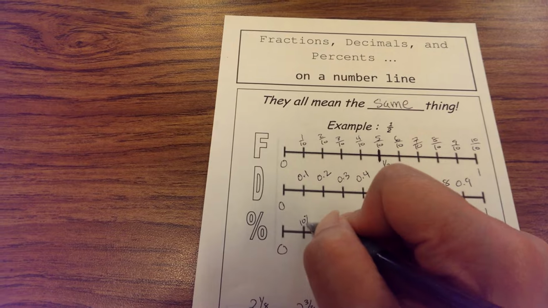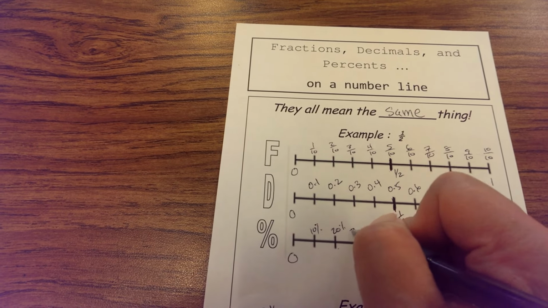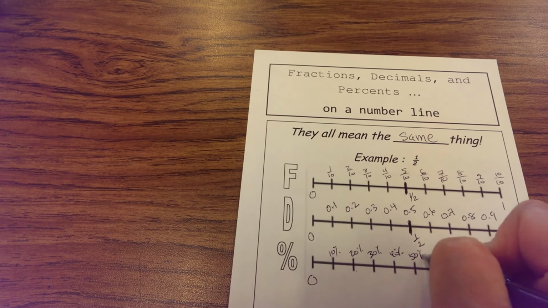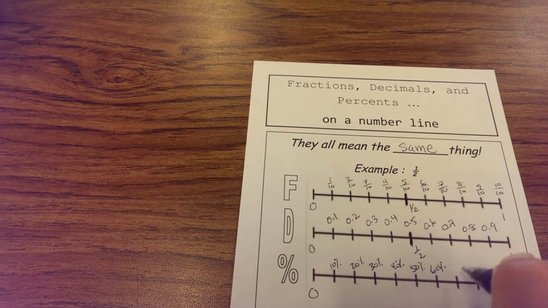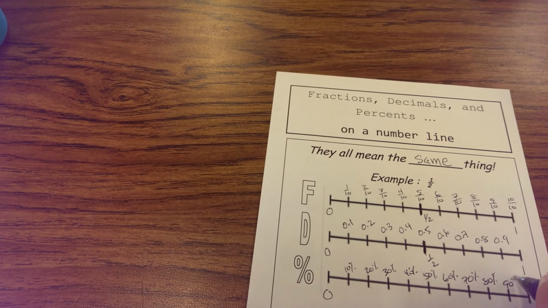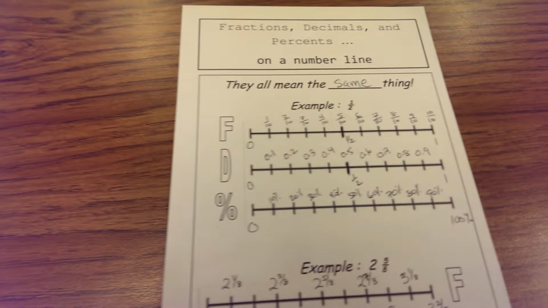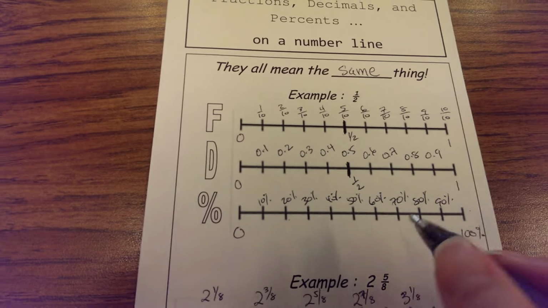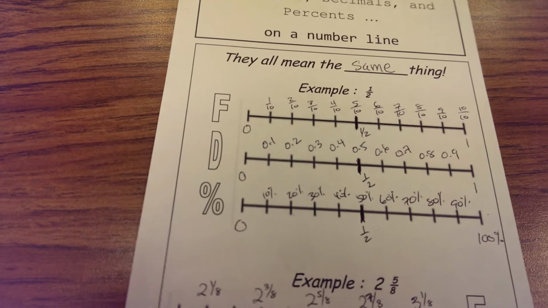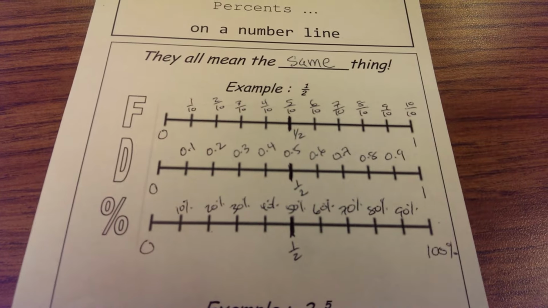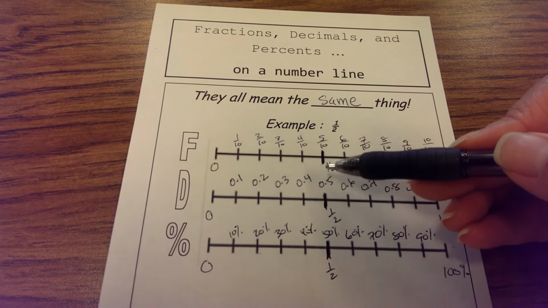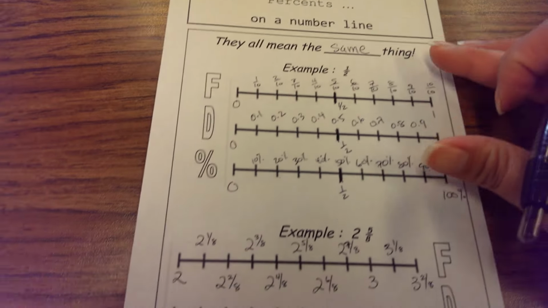So then this is 10%, 20%, 30%, 40%, 50%, 60%, 70%, 80%, 90%, and then we would get to 100%. And a half is equal to 50%. So that is where the half would be on a percent number line. So you can see that they all mean the same amount, just 3 different ways of representing them.